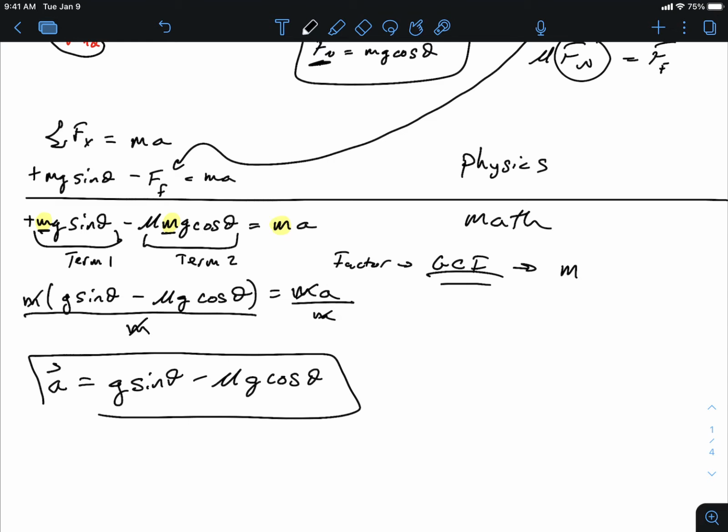One is the longer you can delay plugging in numbers, the less rounding error you get. And also less opportunity to make a calculator error. We'll call it less human calculator error.